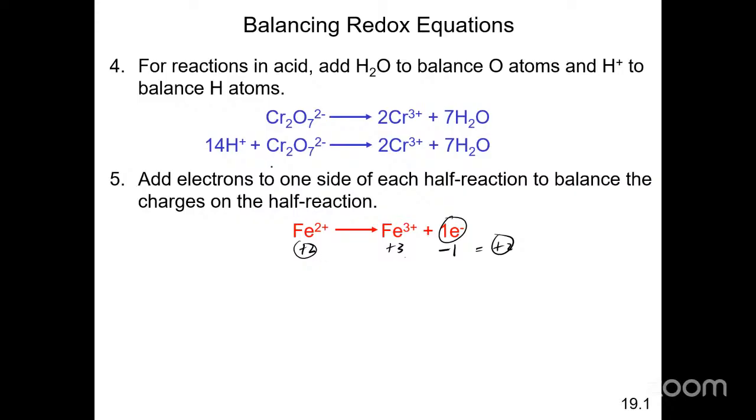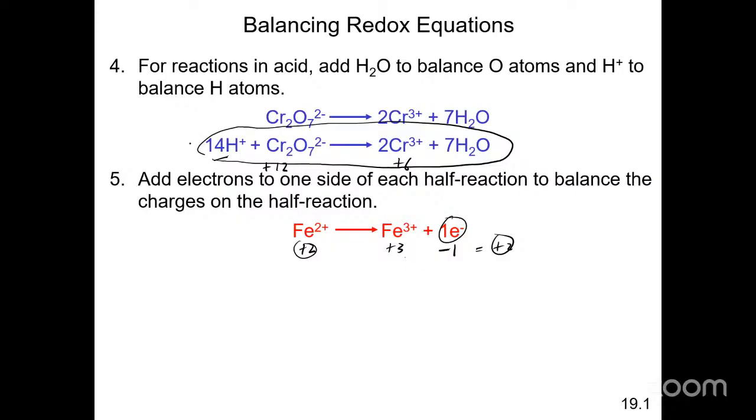Now, in the case of the second half equation, this is the equation that we have at this stage, right? Again, just like we did here, we're going to look at the total charges on both sides. So here we have a total of 14 plus charges minus 2, so that gives us +12. On this side, we have +6 because the water has no charge, right? So the question now becomes, to which side do we add electrons and how many?